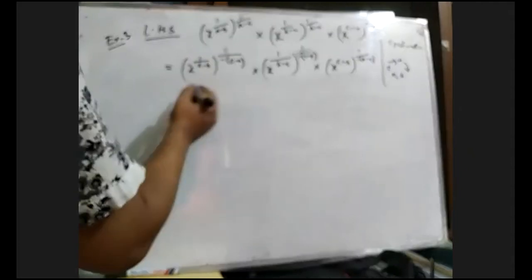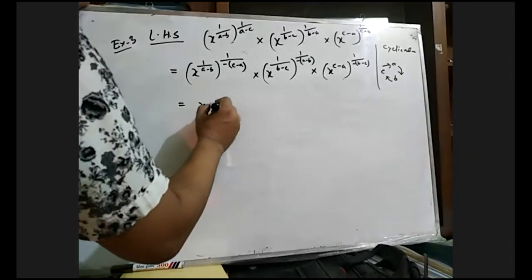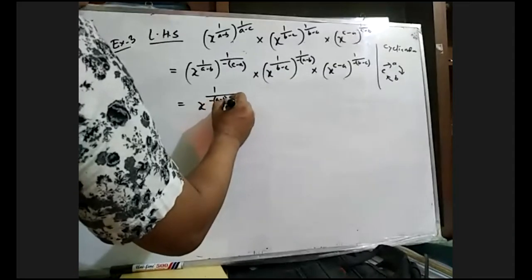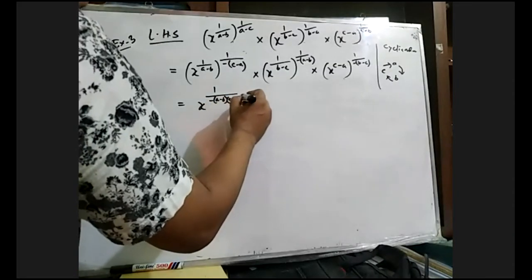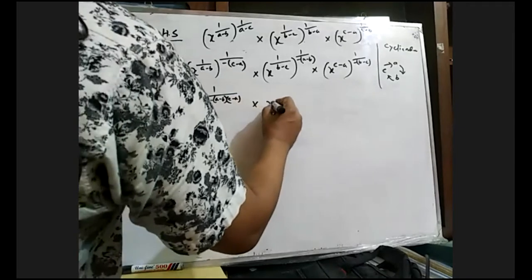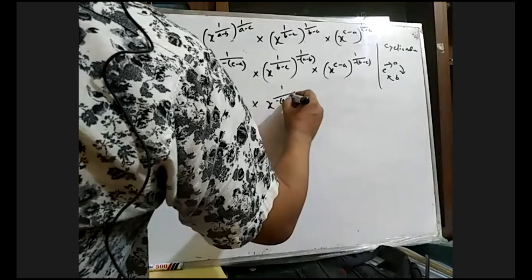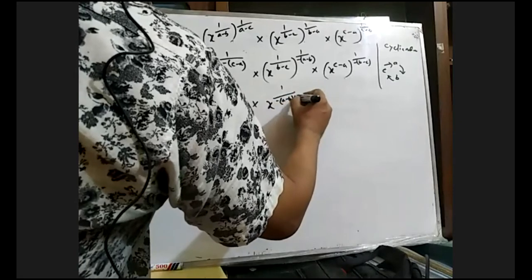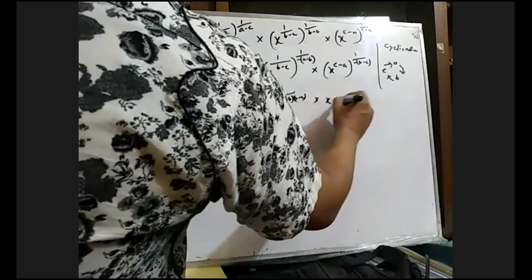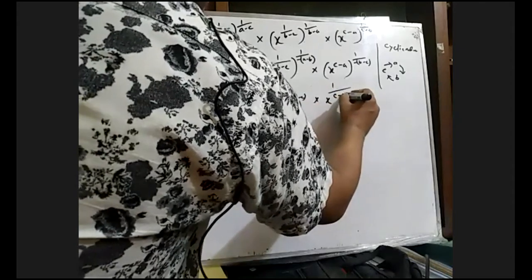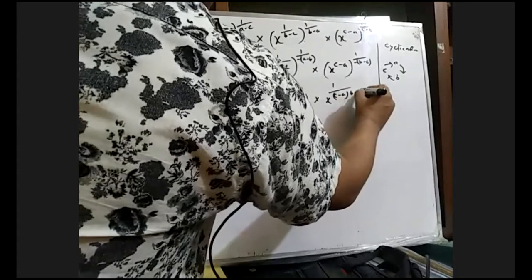Just arranging in this way, we can write x to the power 1 divided by minus (a minus b)(c minus a), multiply x to the power 1 divided by minus (a minus b)(b minus c), x to the power 1 divided by (c minus a)(b minus c).